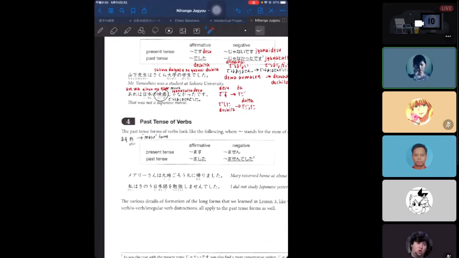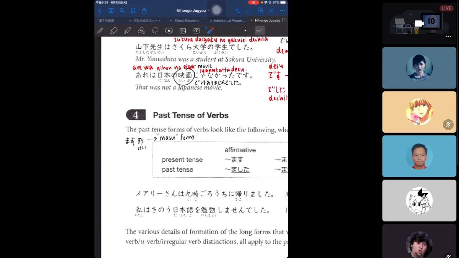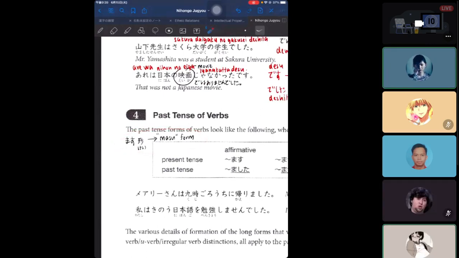For ending a sentence in a formal way, you use the masu form. For example, if you want to say you eat, taberu, you use tabemasu. You use masu for the formal way, when communicating with people you don't know or someone in a higher position than you.